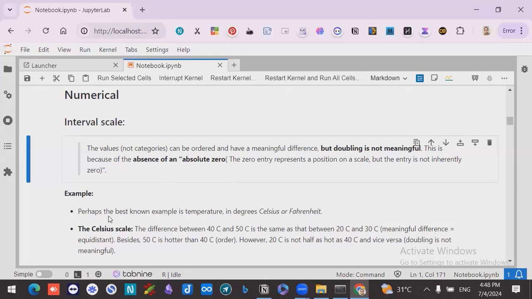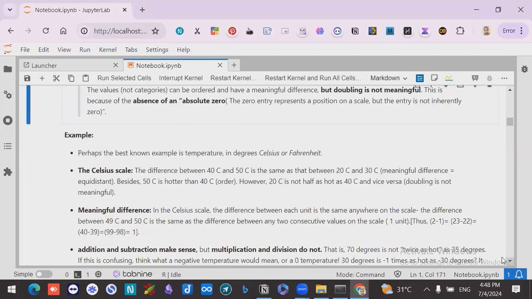But we can take another example, a single example, temperature. Temperature in degrees Celsius or Fahrenheit. So if you go to temperature in Celsius or Fahrenheit, what does the Celsius scale explain? The difference between 40 degrees Celsius and 50 Celsius is the same as that between 20 and 30.